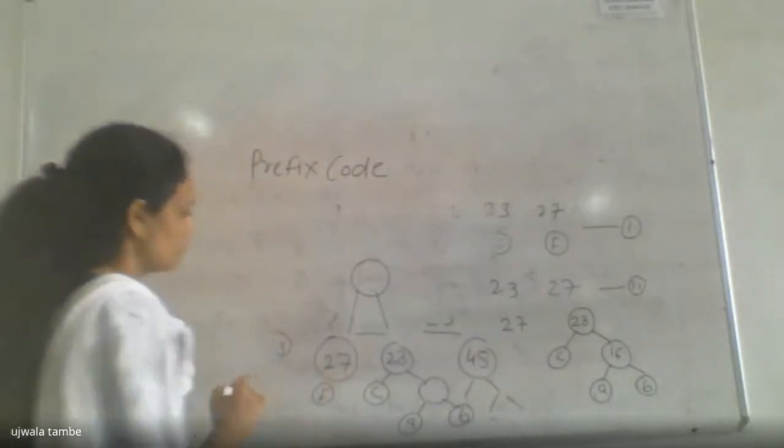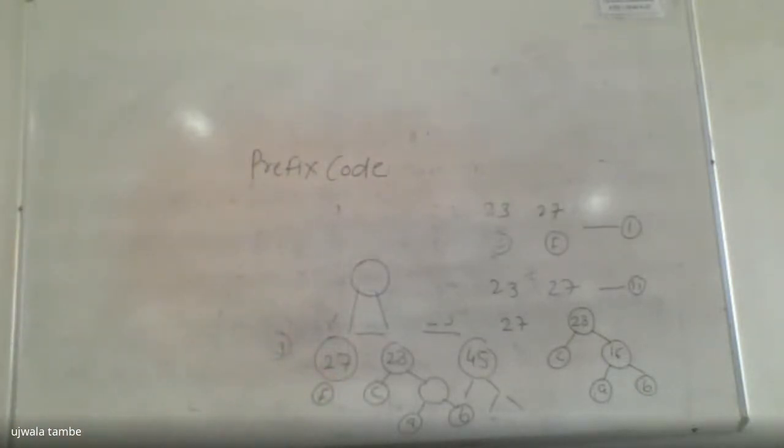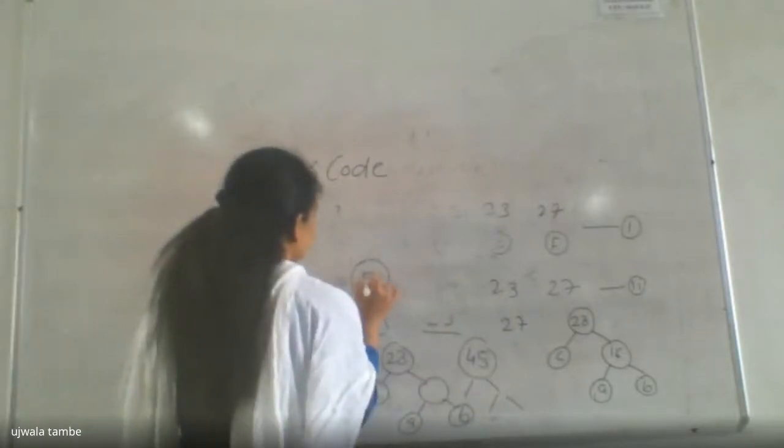That is F. Take the addition of 27 and 28, so it gives us 55.